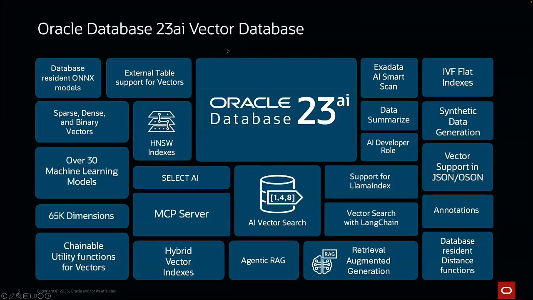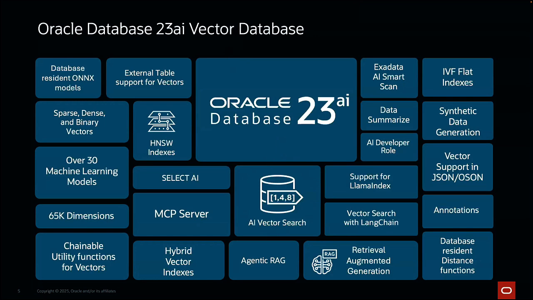Today we're going to be focusing on AI vector search. Truly, this is the capability, or the technology, that makes Oracle Database 23 AI a vector database. Beyond AI vector search, Oracle Database 23 AI introduces a ton of new functionality focused on AI.